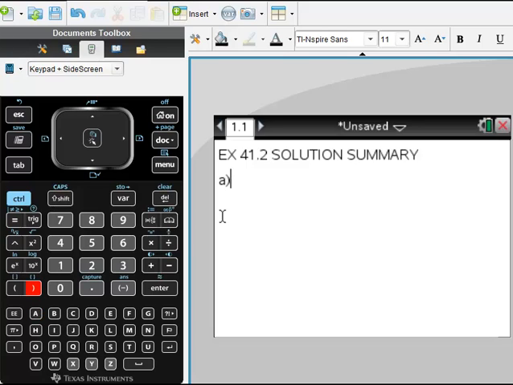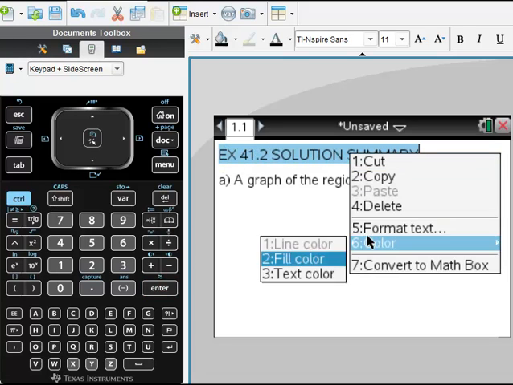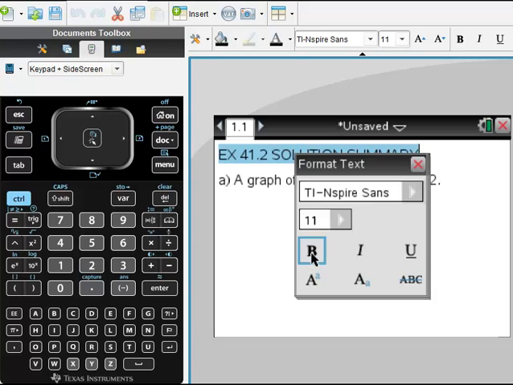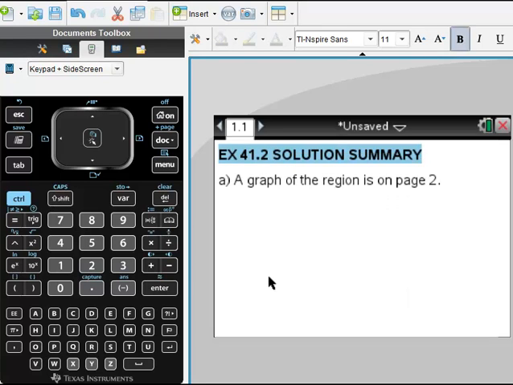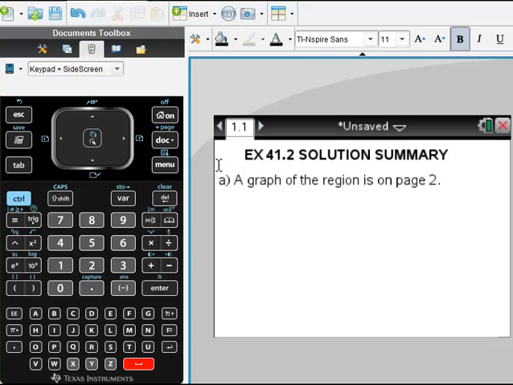Here we could have part A and say that a graph of the region is on page 2. Since this is a summary page, let me make this title line bold font, and let me move it to the center.